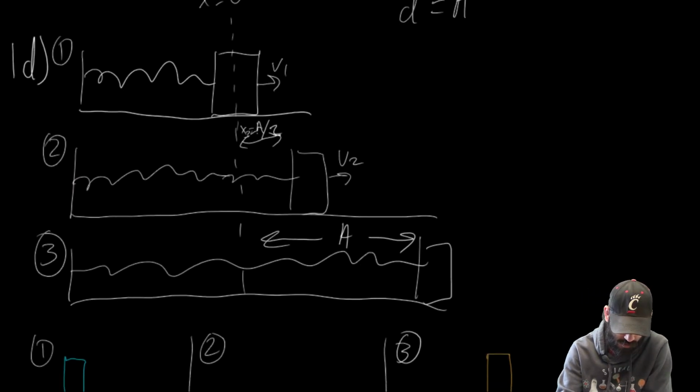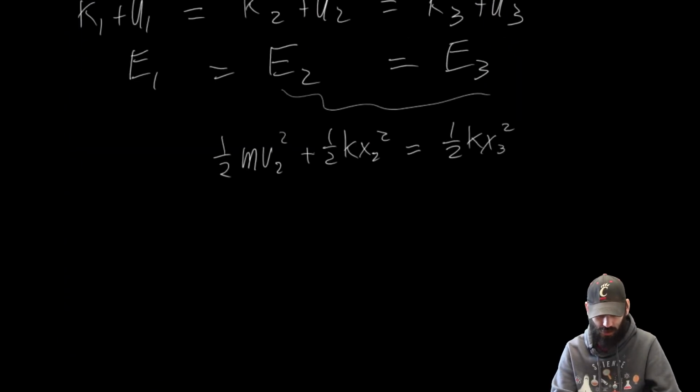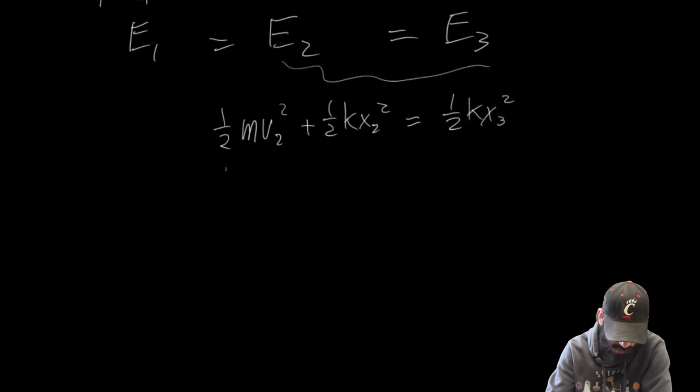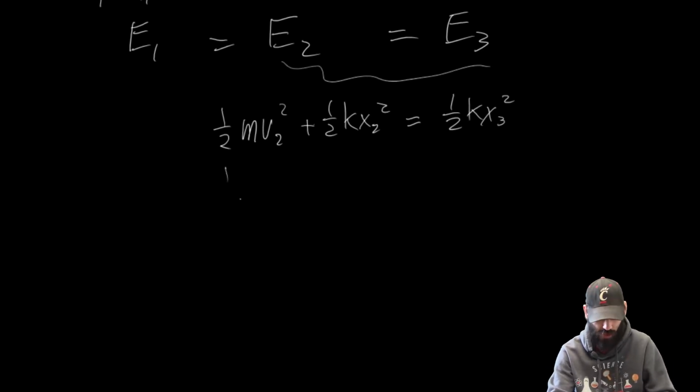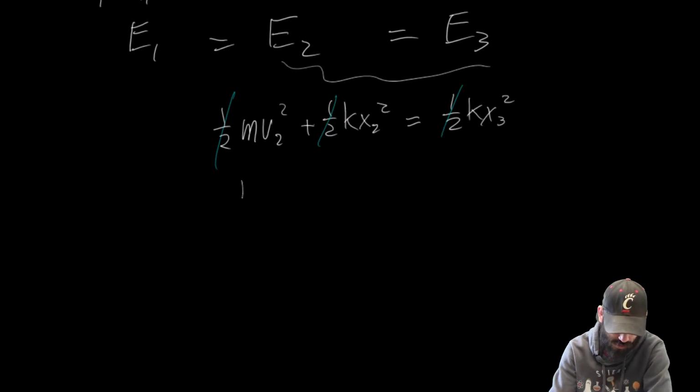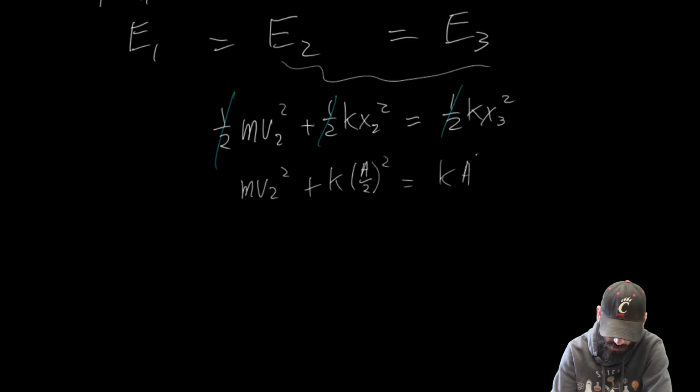This is x2, this is x3. So take this and evaluate for that. Let's, even in this step, get rid of our 1/2s, because every term here has a 1/2. And then evaluate this. So this is going to be m v2 squared plus k times a divided by 2 squared, is going to be equal to k a squared.